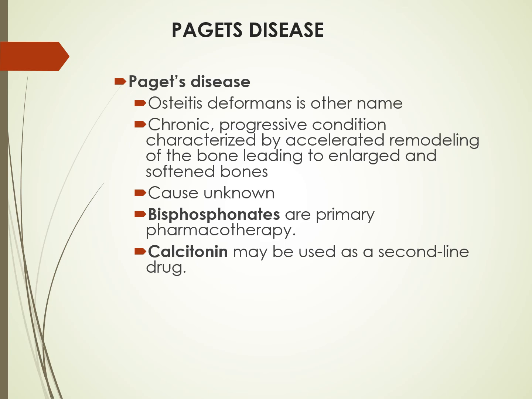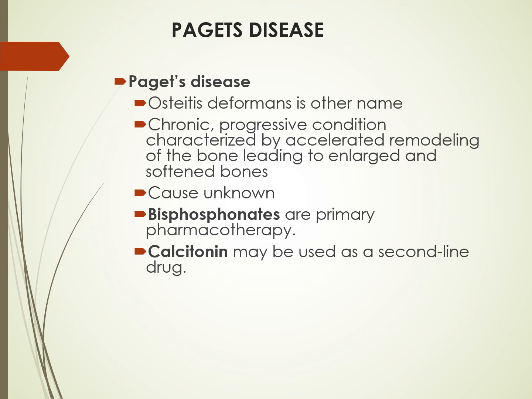So a lot of bone growth, a lot of bone breakdown, and it just keeps on cycling like that very quickly. And it leads to really abnormal bone because it's breaking down and being produced so quickly that it leads to areas that are over calcified and enlarged, and then other areas that are softened.